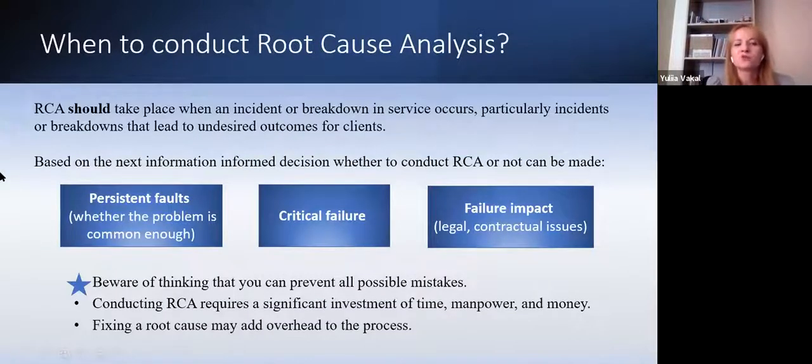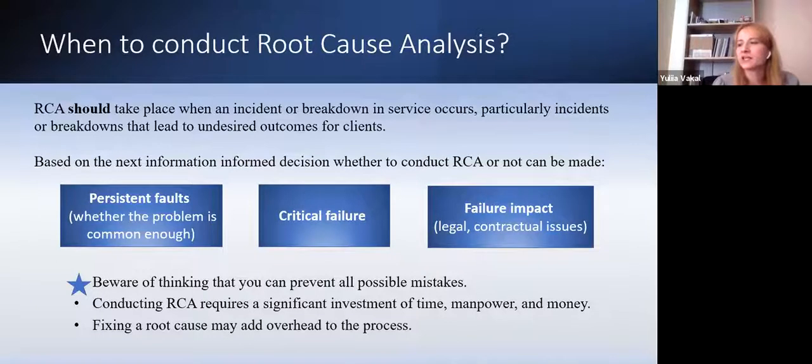So before you start implementing root cause analysis, you need to consider a few things. The first thing is how often it happens. If it happens once, twice, 3, 4, 5 times, that's probably a good candidate for investigation. How critical is the failure?